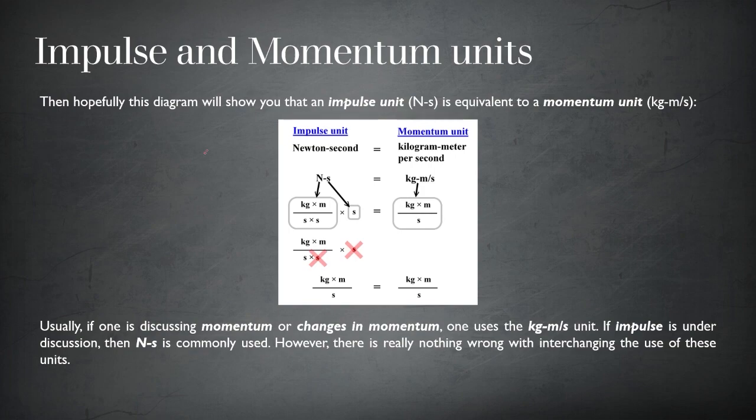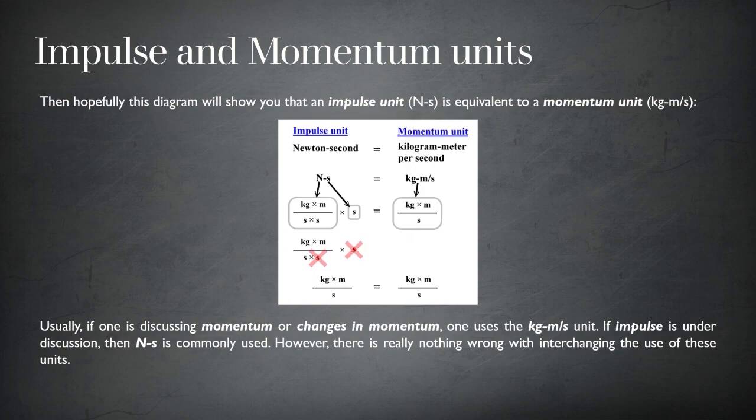From the diagram, the impulse unit newton second is equivalent to the momentum unit, kilogram meters per second. Newton is kilogram meters per second squared multiplied by seconds, and the unit of momentum is kilogram meters per second.